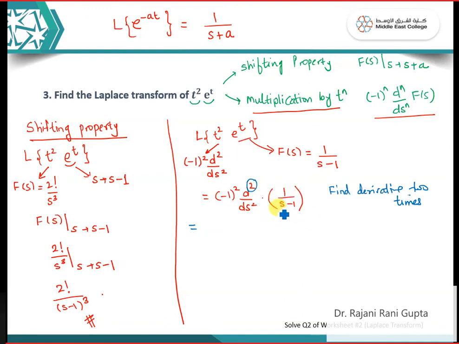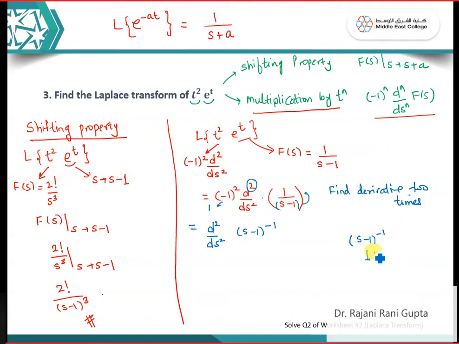We can make use of chain rule in this case if you don't want to use quotient rule. Minus 1 power 2 will become plus 1. So we write d2 by ds square. I can take this s minus 1 in the numerator, which will become (s minus 1) to the power minus 1. So let's work out with this term, (s minus 1) to the power minus 1.